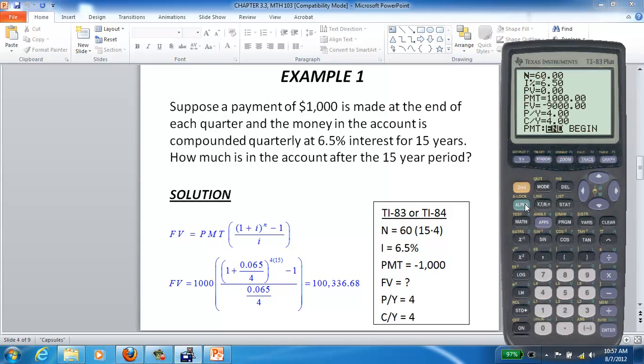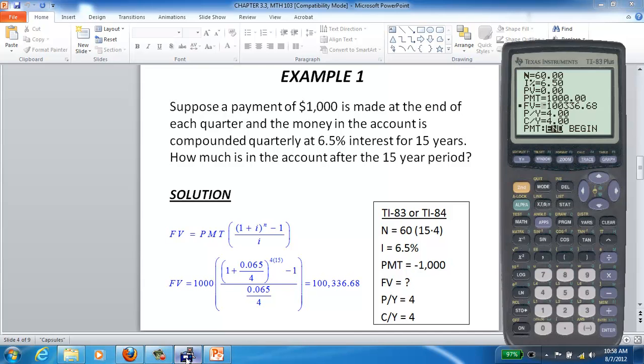And then you calculate the future value, alpha, enter. So this is going to be the future value. That means if you deposit $1,000 every quarter for 15 years, after 15 years the future value will be $100,336.68. And this is the answer by using the formula.